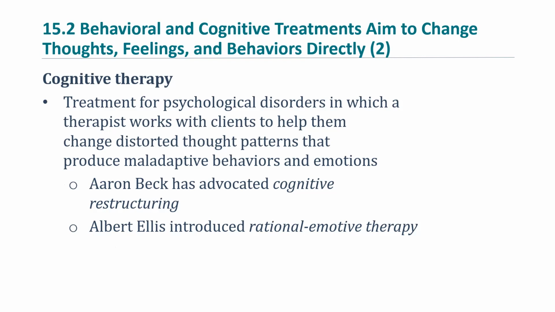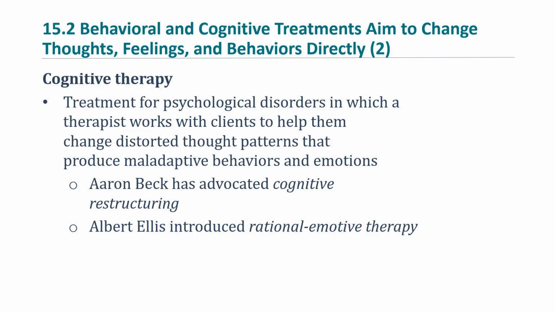A researcher named Aaron Beck developed cognitive therapy, and he advocated for cognitive restructuring, which is changing negative thoughts into more positive ones. Albert Ellis, around the same time, introduced a therapy known as rational emotive therapy. Both of these therapies come from the 1950s, and they're similar to each other.